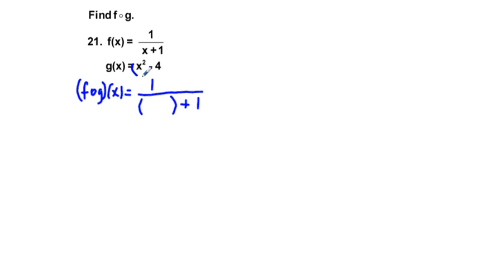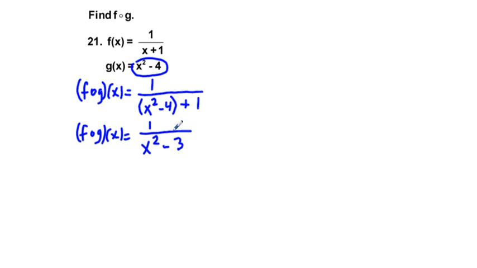And in the place of g here, we're going to place x squared minus 4. So what we have now is f of g of x is equal to 1 over x squared, and we're going to have negative 4 plus 1, which is going to be minus 3.